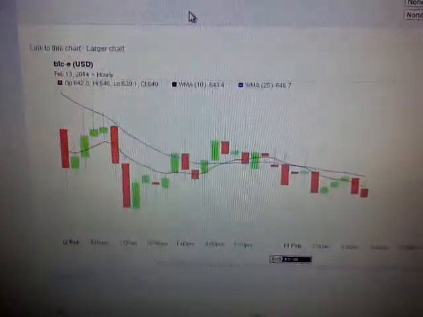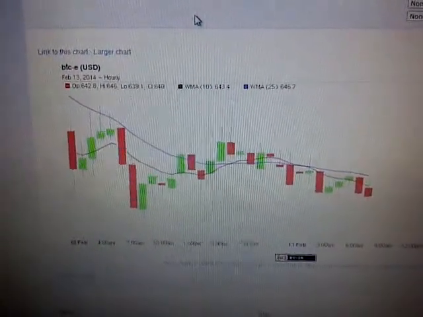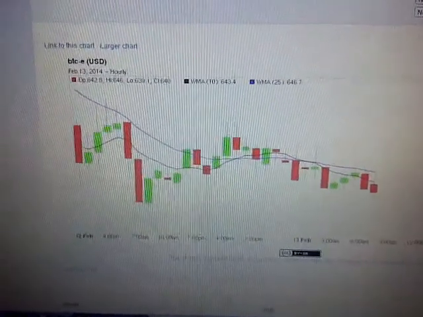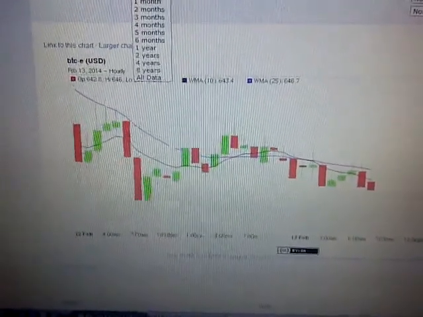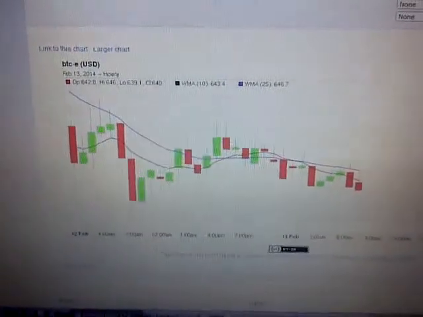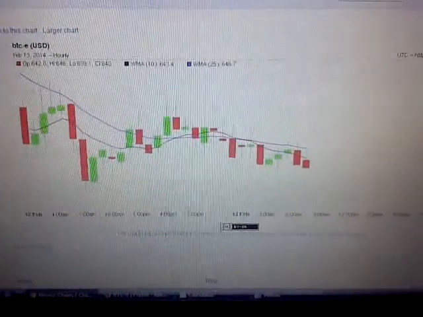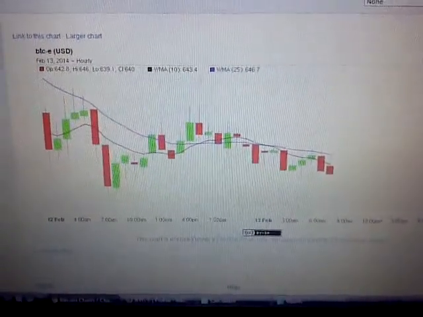So another thing to do is just take a 2-day and make it hourly, and there you get a better view, but pretty much a downtrend. If I go back to the 5-day, it just does that. So at least I can take a better look at what it's doing here, and probably the same thing.